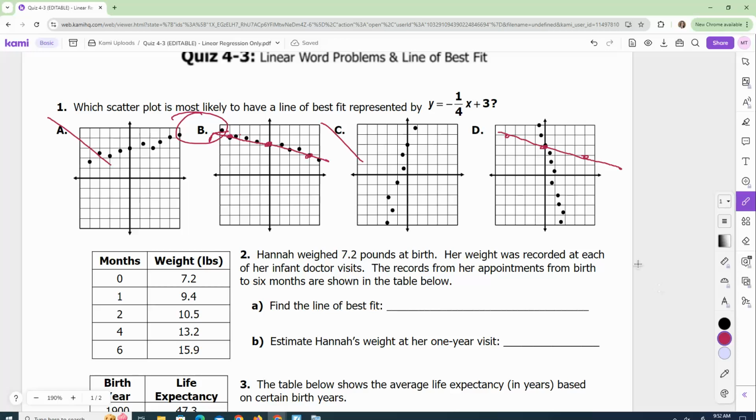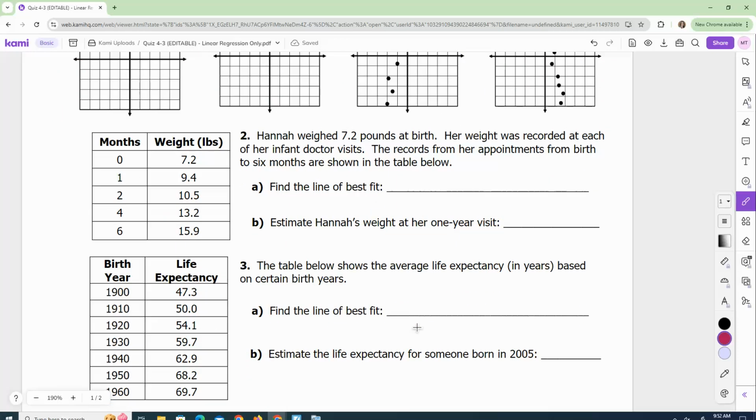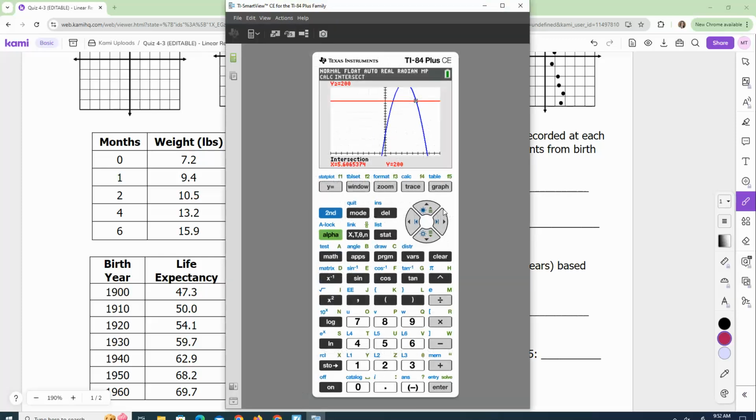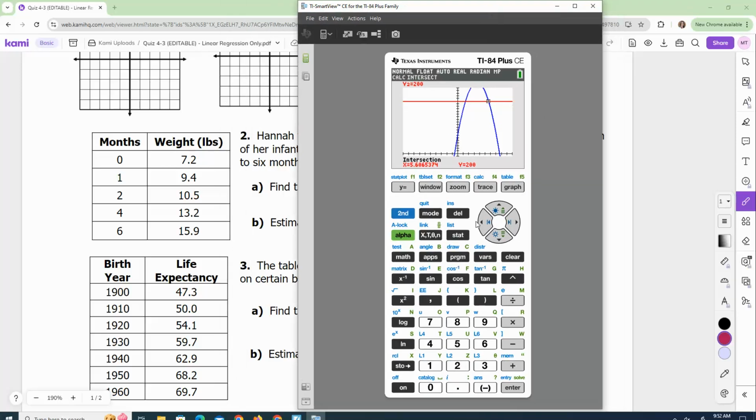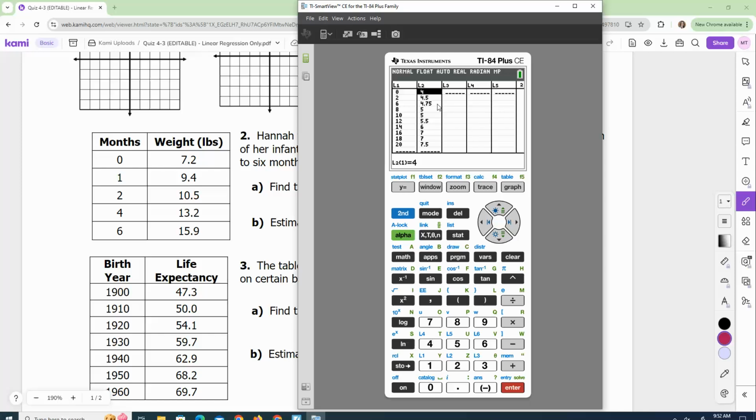What did I have you do when I gave you this data? Okay, everybody needs a graphing calculator. And remember, we go stat, edit. If there's data in there, you clear it out. Do not hit delete. So you go up on the title, hit clear, enter.